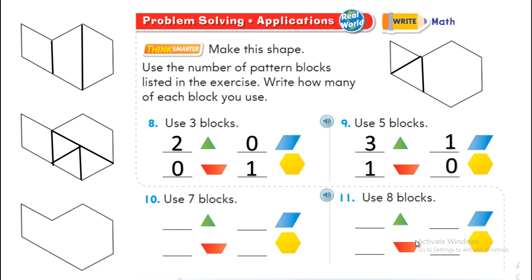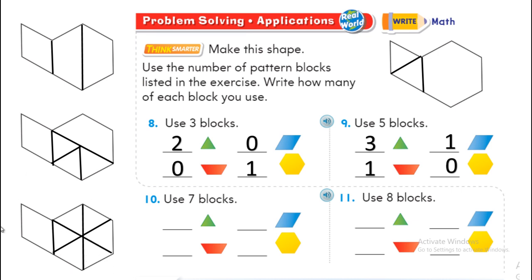This is the shape again. Now for question number 10, we're going to use 7 blocks. So I'm going to draw lines inside the shape to make 7 blocks. Count while drawing. Now I have 2 blocks. Now 3 blocks. Now, wait, I have to count. 1, 2, 3, 4, 5. Now I want 7 blocks, so I'm gonna add more lines.